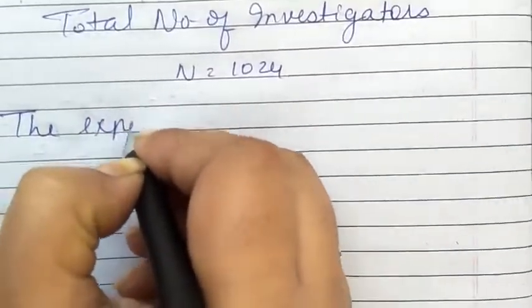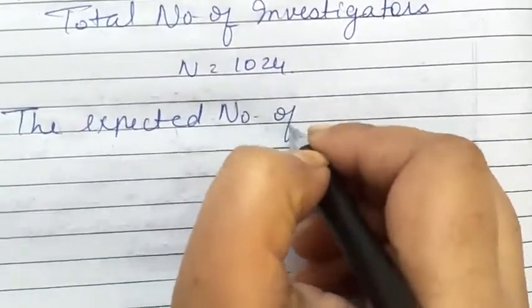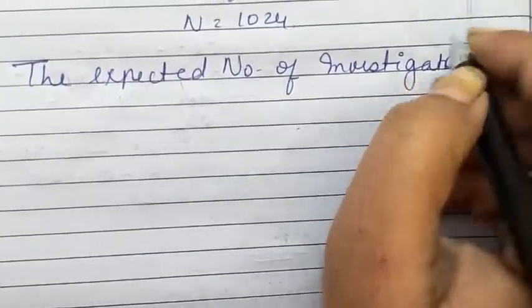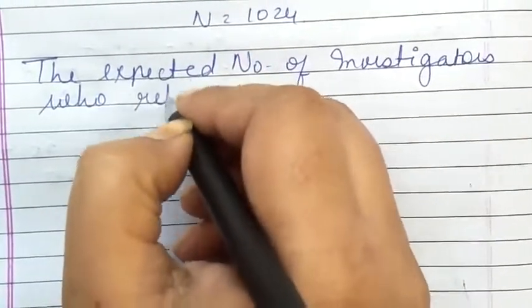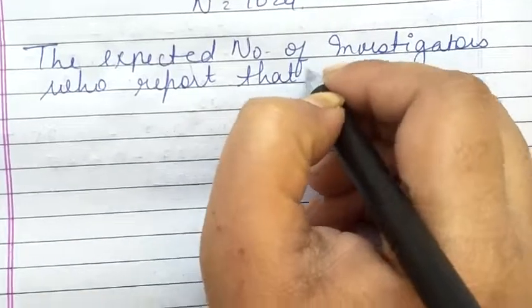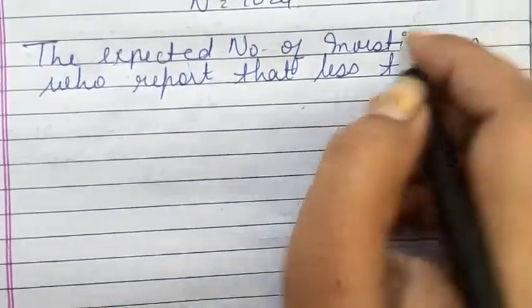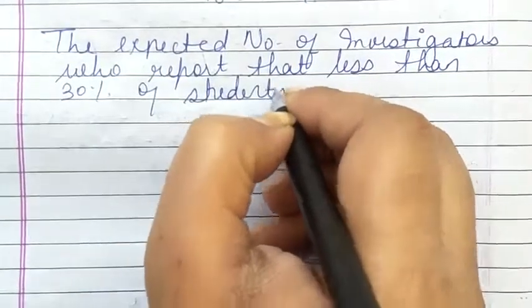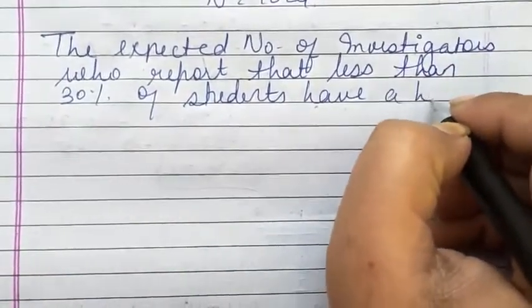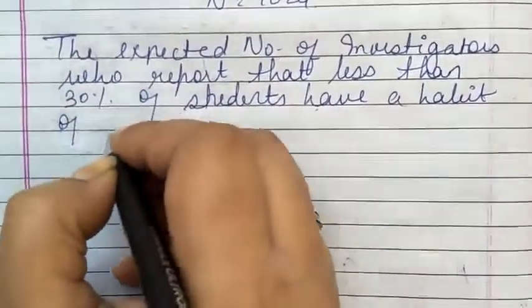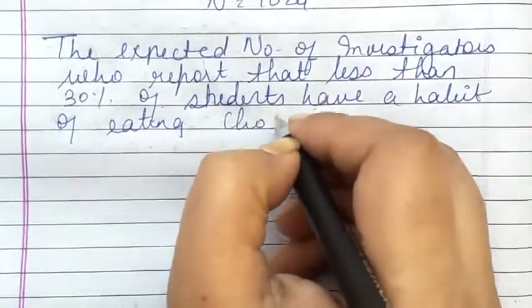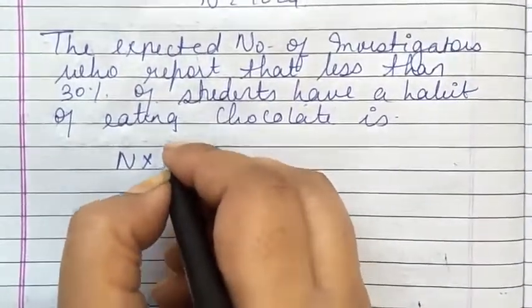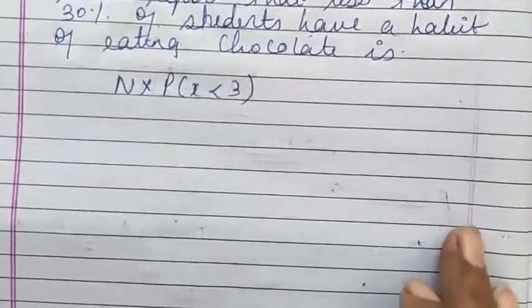Now the expected number of investigators who report that less than 30% of students have a habit of eating chocolate is n into P x less than 3.